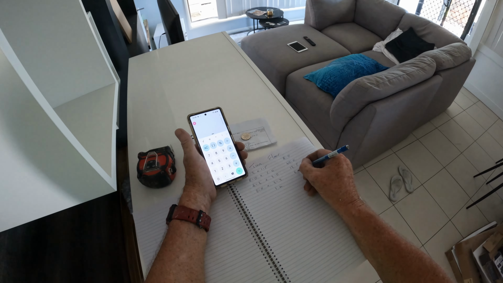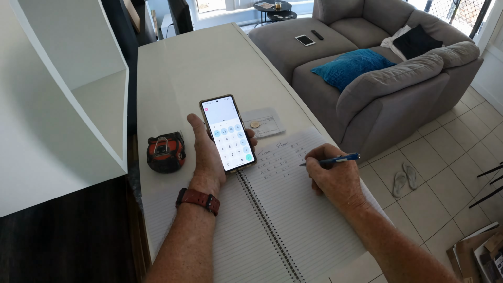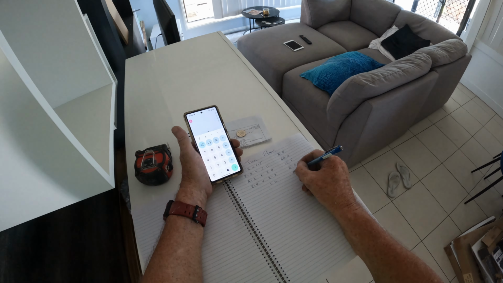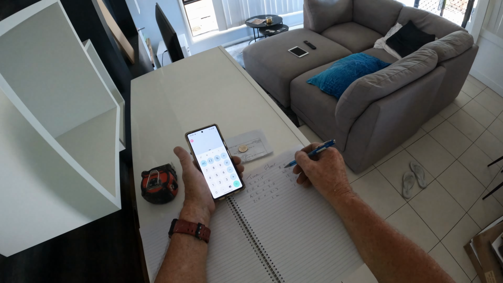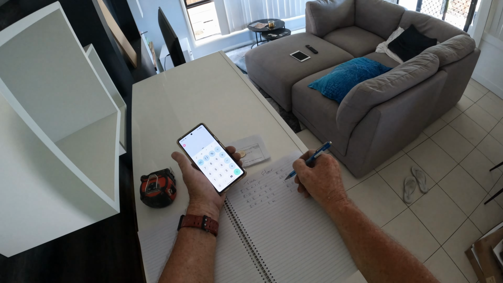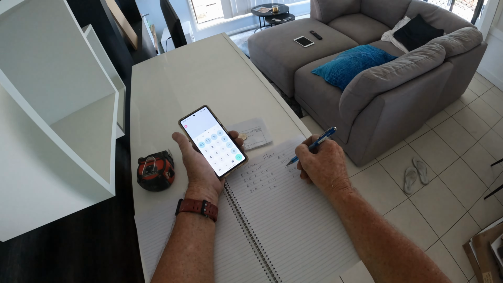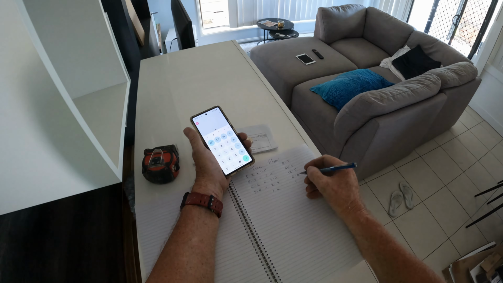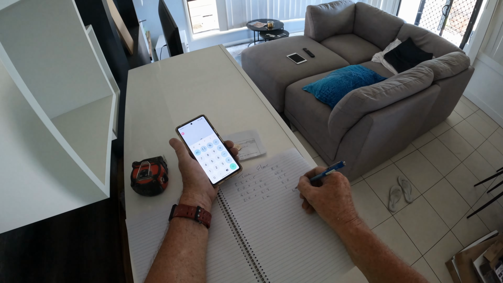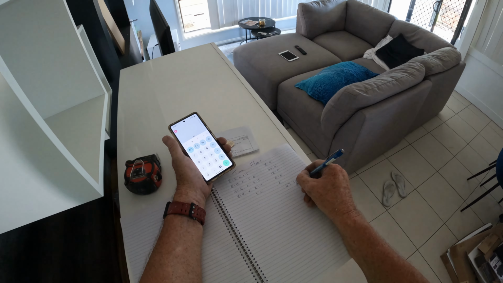It's 6 anyway, and 1. So we've got 8 and 40 is 48 and 12, 58, 60, 66, 67. 67 square meters.